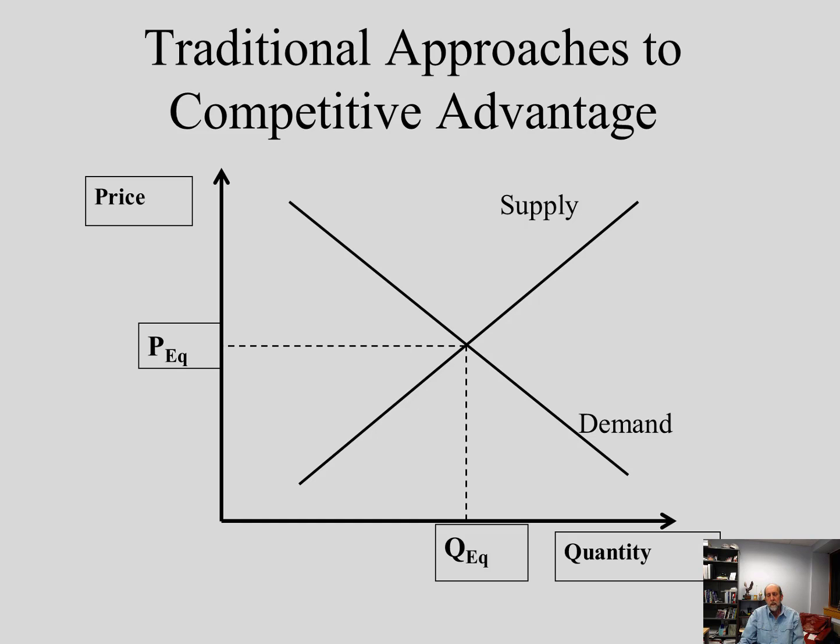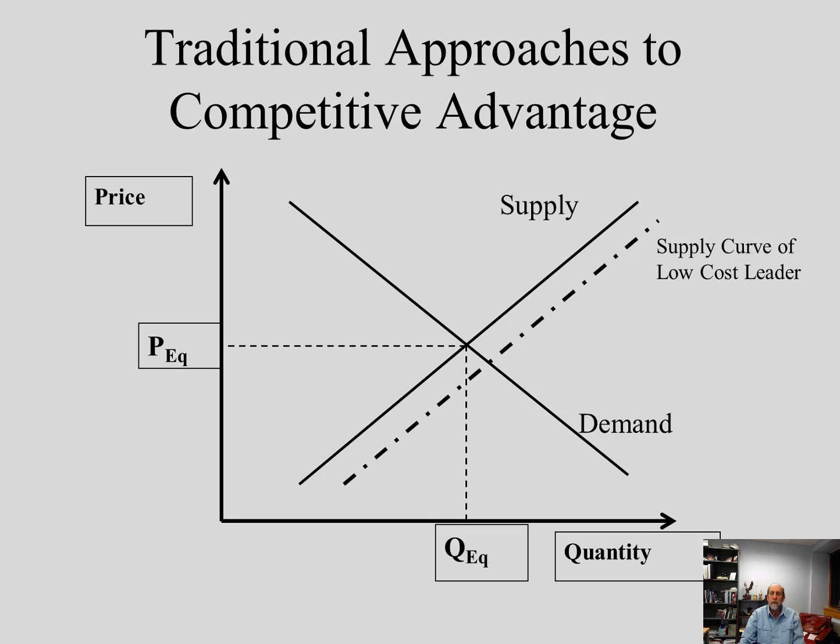Well, low cost and differentiation work like this, not exactly, but conceptually. If I'm pursuing low cost leadership, what I'm really trying to do is get my supply curve below the industry typical supply curve, in which case I would be willing to supply the same quantity at a lower price than other firms in the industry.